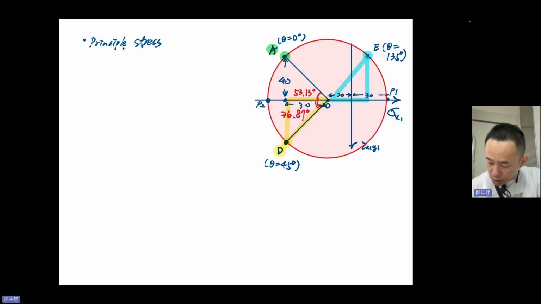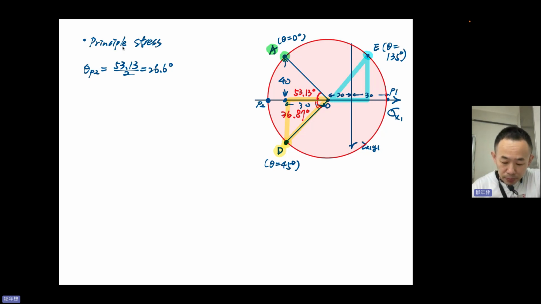So we can just directly get that. Wait a minute. Theta P2 equal to 53.13 divided by 2, right? So 26.6 degrees. So you see, in the circle world, it goes 53.13. So in the real world, divided by 2, 26.6.